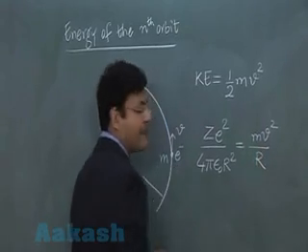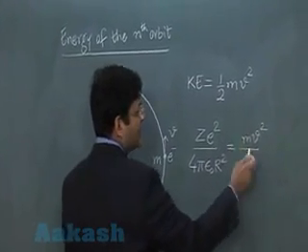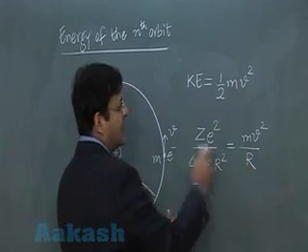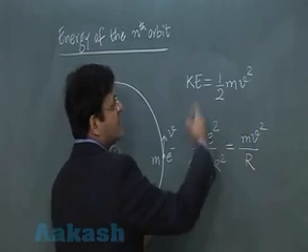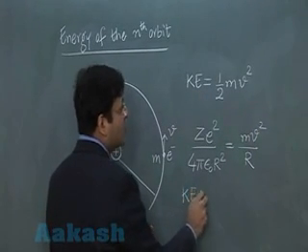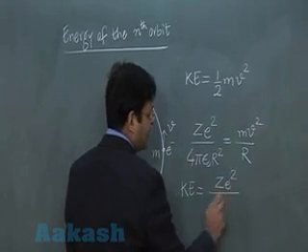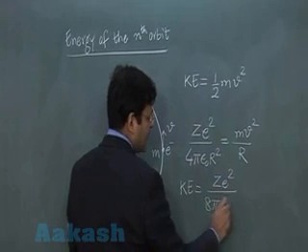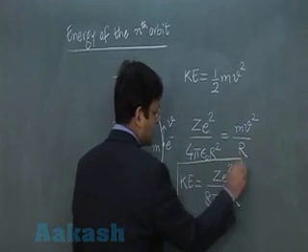So from here you can take out the value of mv square. For example, one r cancels one r from r square, and if you substitute the value of mv square here, then for kinetic energy you get Ze square upon 8 pi epsilon naught r. This is the kind of expression you will get so far as kinetic energy is concerned.